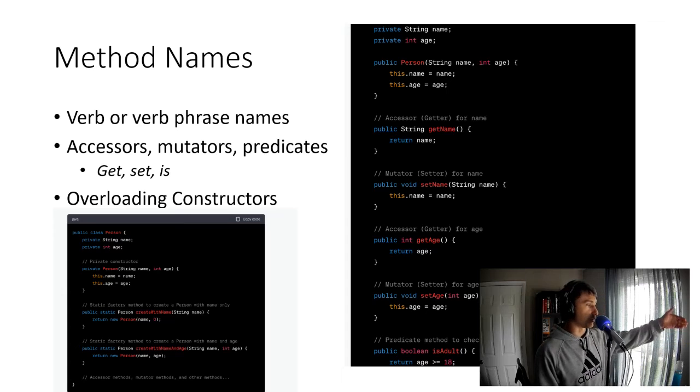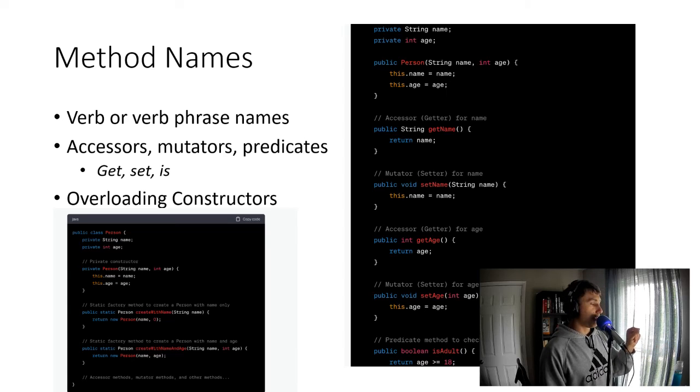You'll see this on the left-hand screenshot. You have a private constructor there of a person, which is taking in a name and an age. You could have another default constructor, which is taking in nothing, a no-argument constructor. So it's going to create two different people with two different sets of attributes. The one is going to have a name and an age that you pass in, and the other one is not going to have those set.